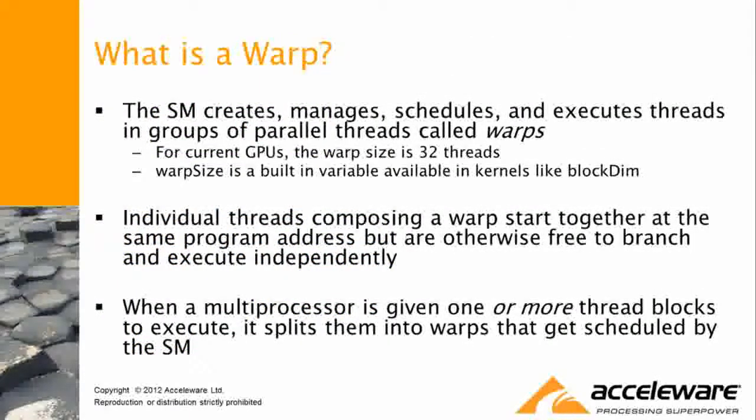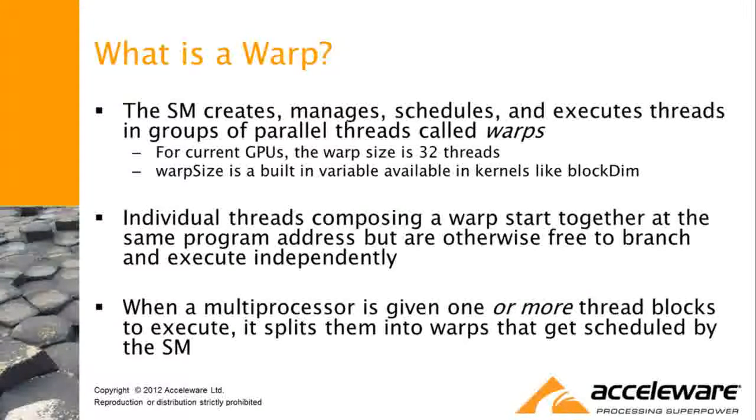So the streaming multiprocessor creates small parcels of these blocks called warps. And in the current GPU configuration, a warp is 32 threads. Warp size, interestingly enough, is a variable that you can use in your kernel if you so choose. It's defined. It's a read-only variable like blockDim. Individual threads inside a warp will all execute the same instruction until you hit a branch.